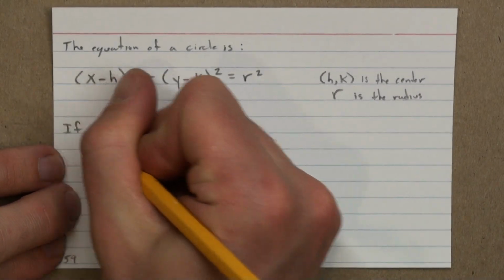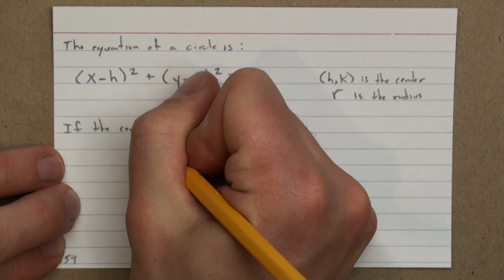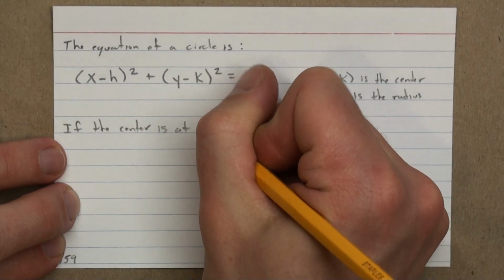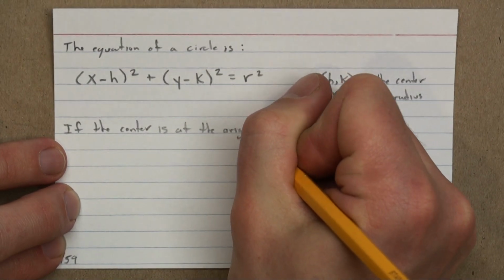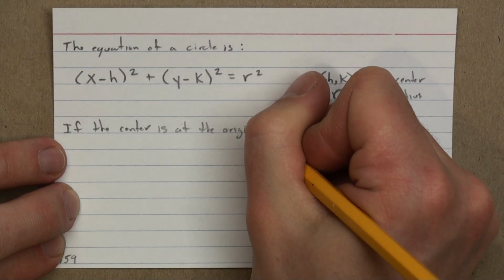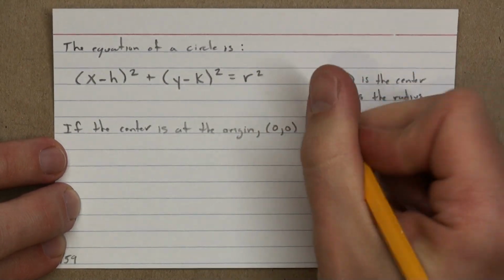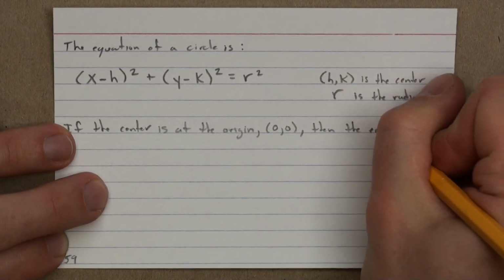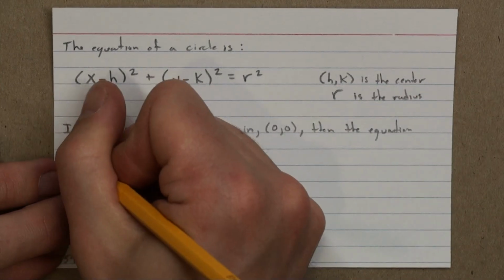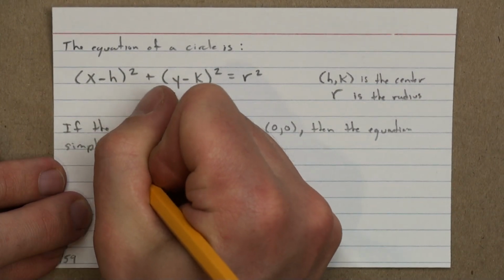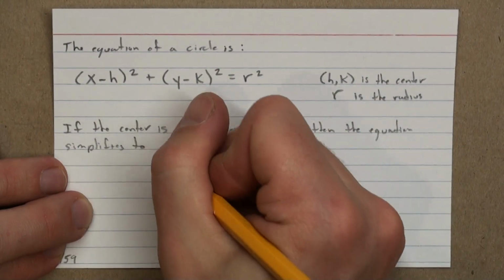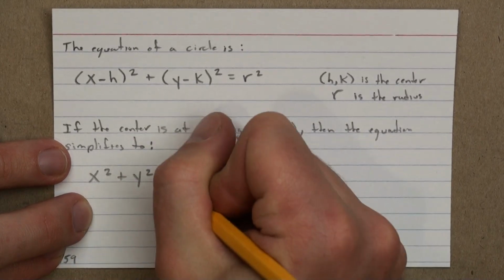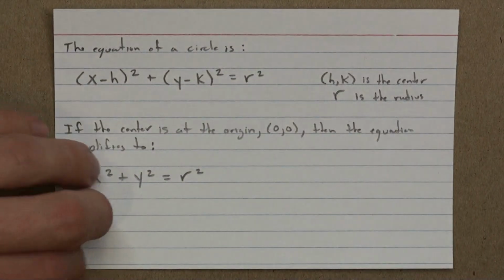So now if the center is at the origin, zero comma zero, then the equation simplifies to x squared plus y squared equals r squared.